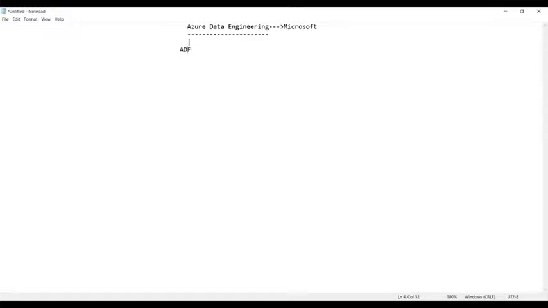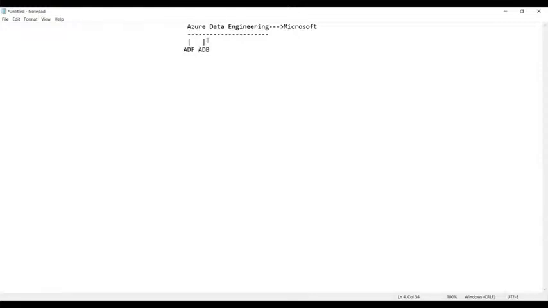Apart from ADF, we also have the service called ADB, which stands for Azure Databricks.